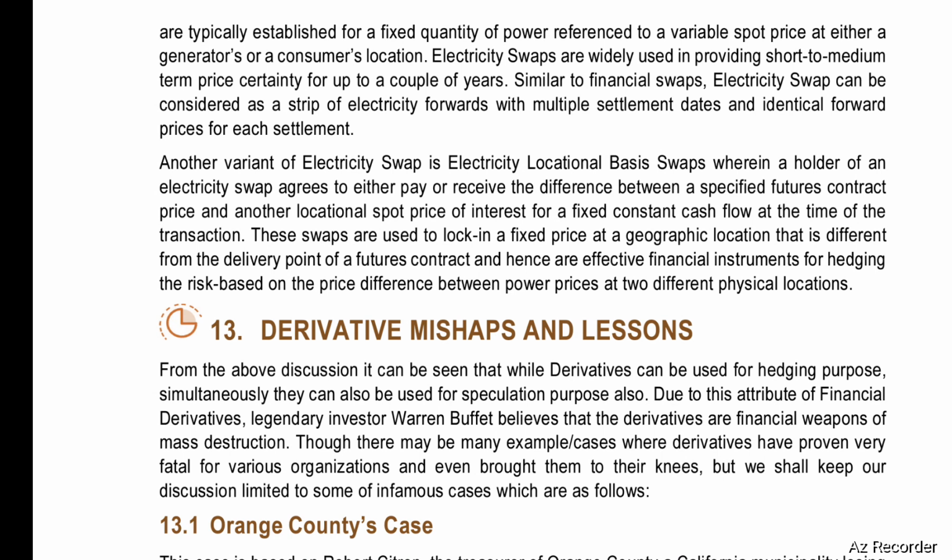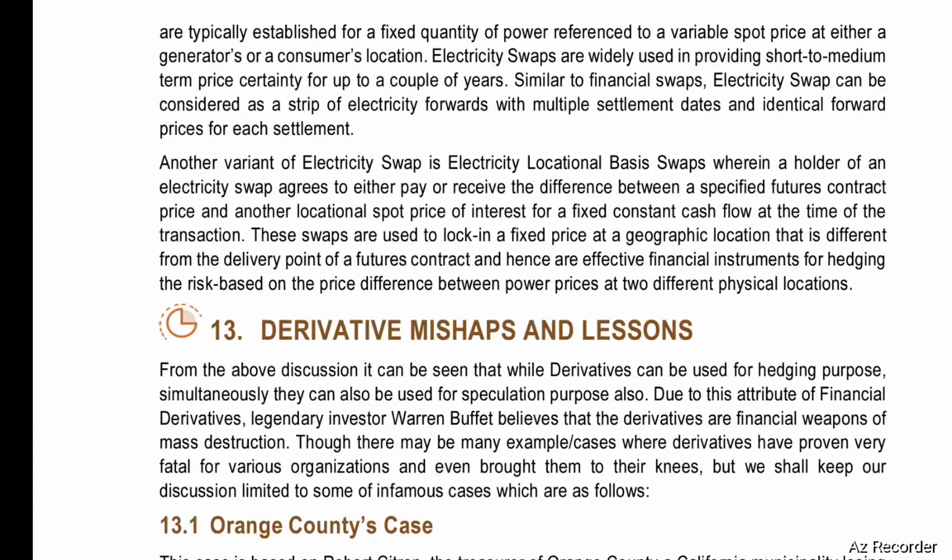Electricity swaps are widely used in providing short to medium term price certainty for up to a couple of years. Similar to financial swaps, electricity swaps can be considered as a strip of electricity forwards with multiple settlement dates and identical forward prices for each settlement.